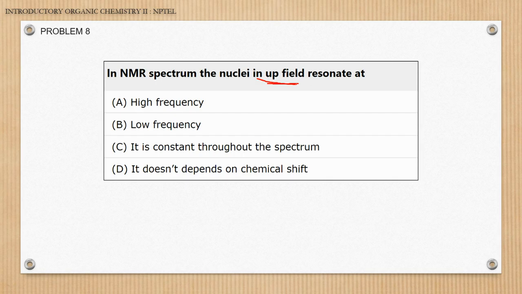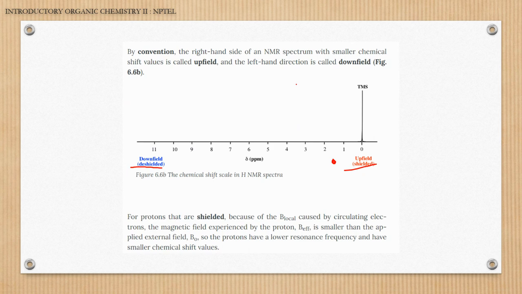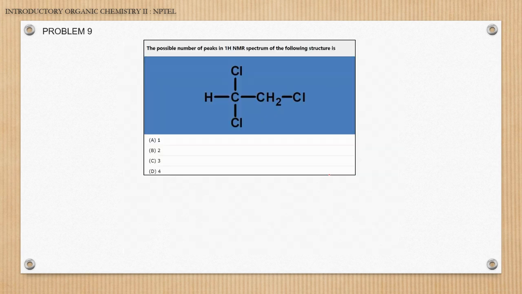So why low frequency? Because the shielding is there. So here the induced magnetic field will be so high that your nuclei will tune with the frequency much faster. So that is why they will resonate at low chemical shift values.